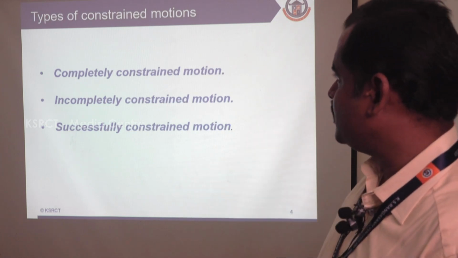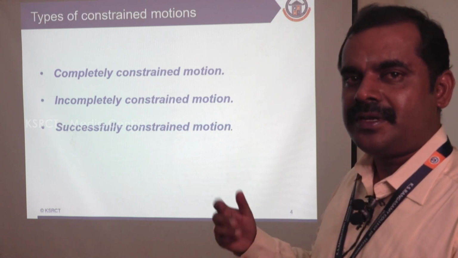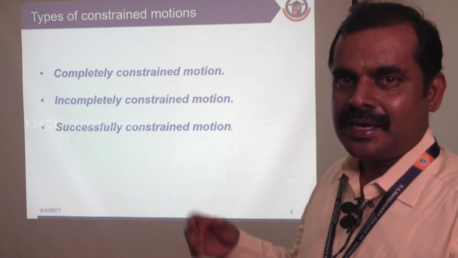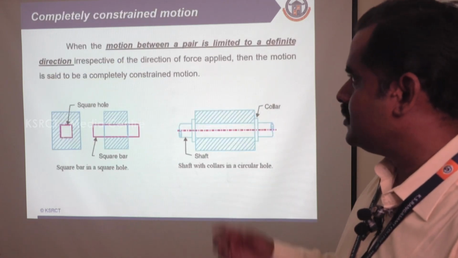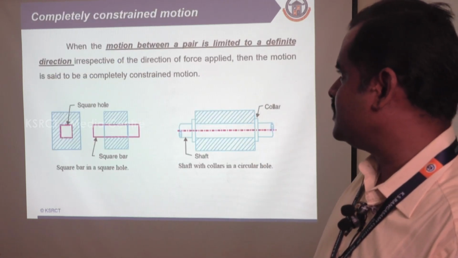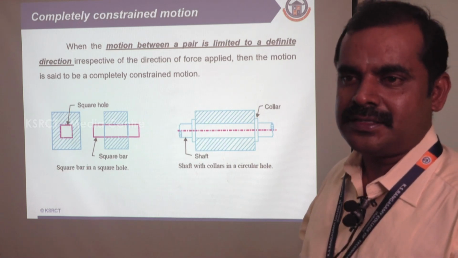So there are 3 types of constrained motion. One is completely constrained motion, second one is incompletely constrained motion, and third one is successfully constrained motion. Completely constrained motion is defined as the motion between a pair being limited to one direction.